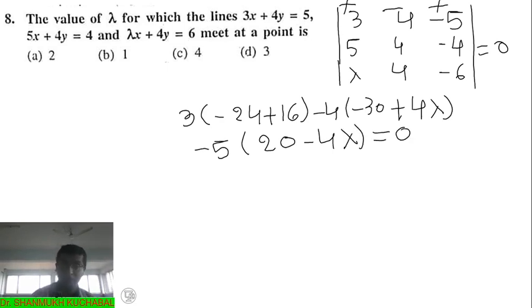If we simplify this equation, we get lambda equal to 1. Therefore option B, lambda equal to 1, is the right answer.